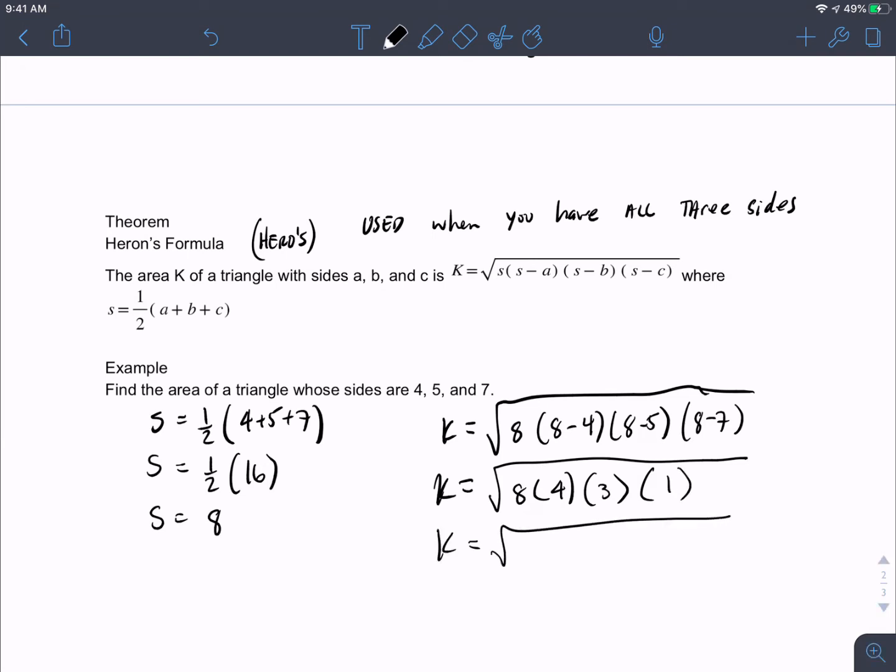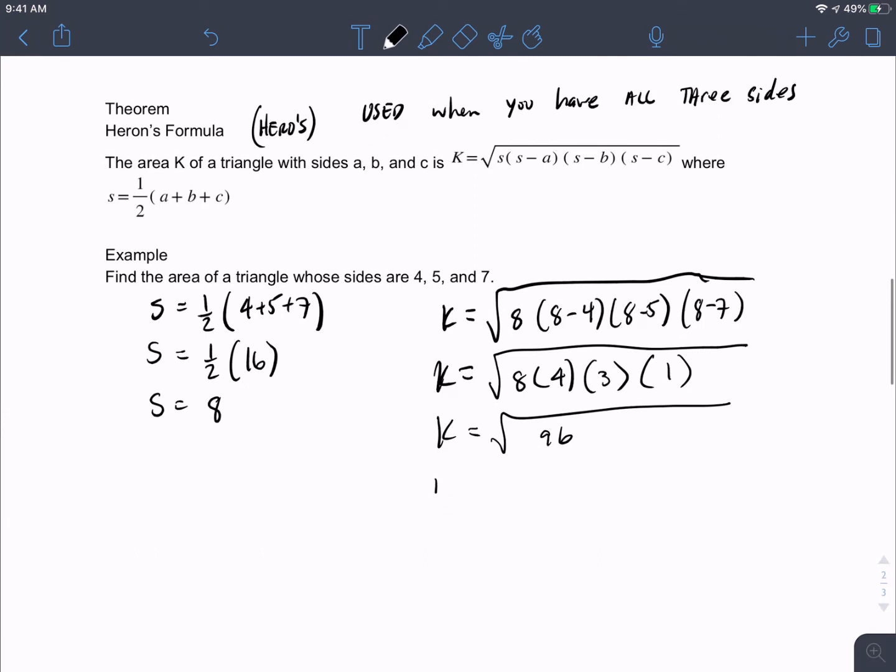And that's going to be 8 times 12. 8 times 12 is 96. And we can break that down. Actually, I'm going to break it down in perfect squares. So 16 and 6. And we know that the square root of 16 is 4. So the area is going to be 4 square root of 6. And again, we need to remember that it's going to be squared units.